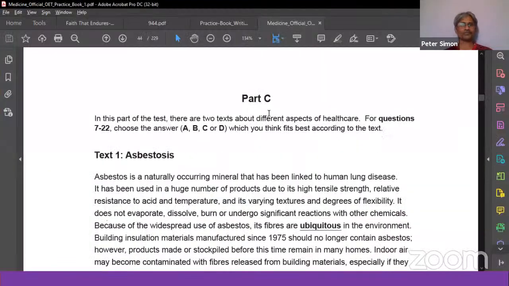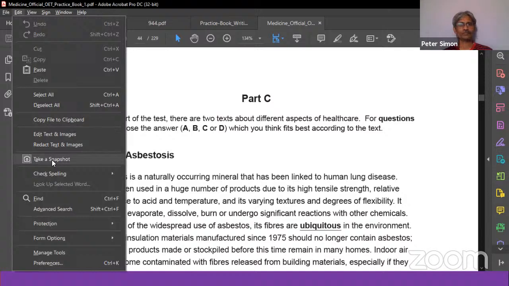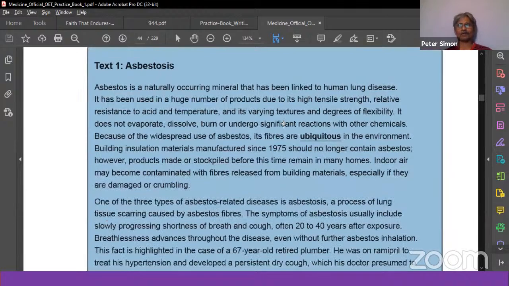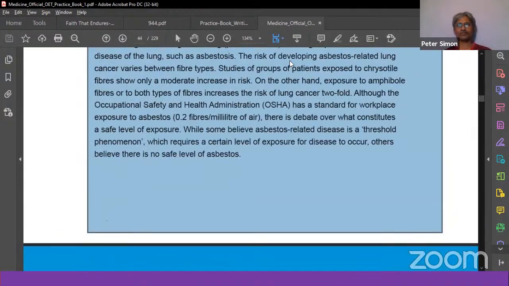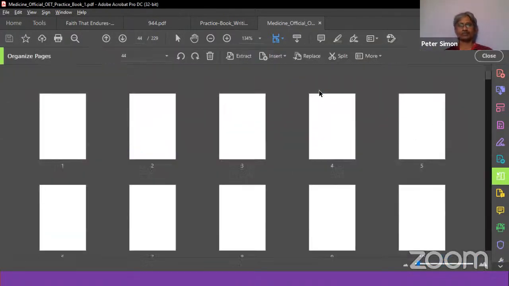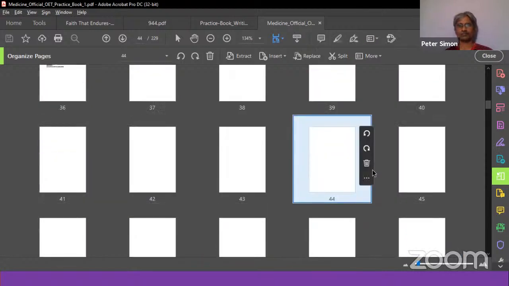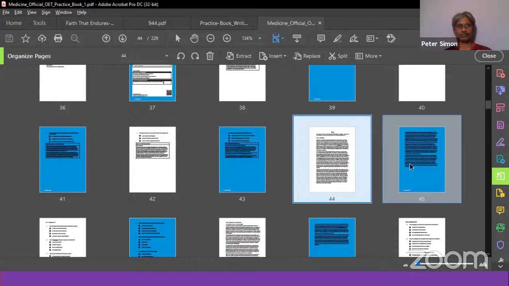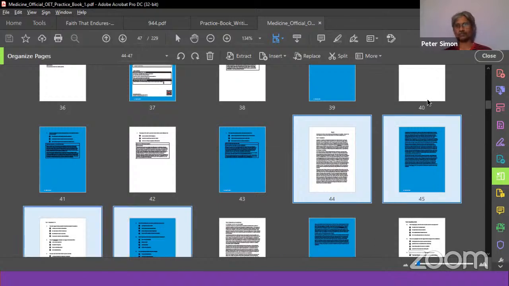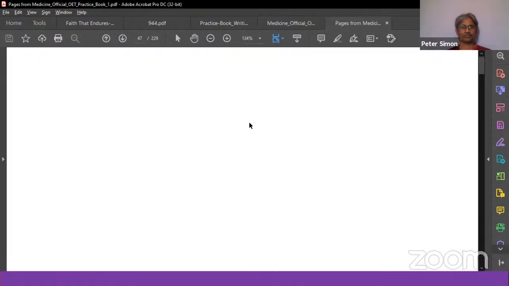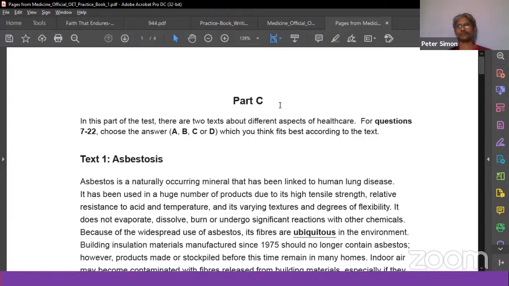Now here we have this is the first page.